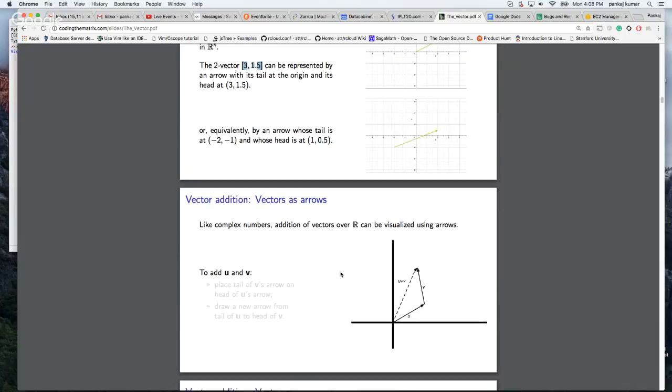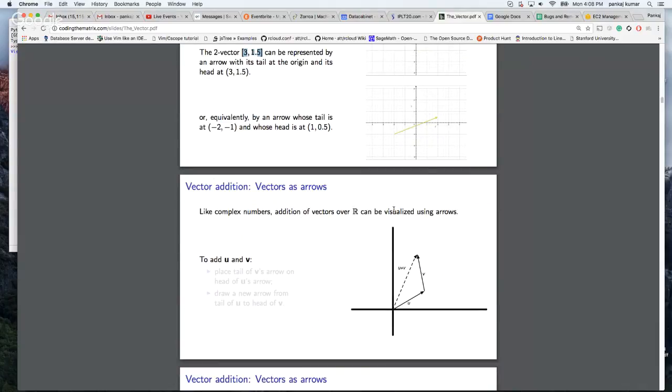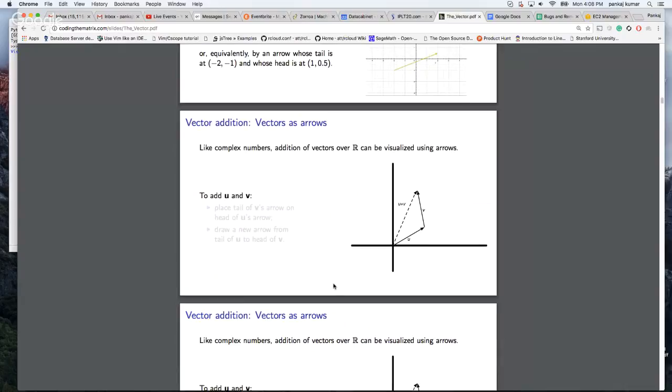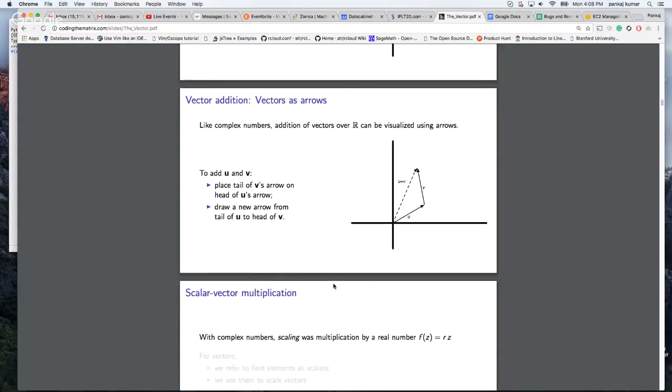And vectors have arrows, like complex numbers: addition of vectors over R using arrows. Tail of u to v. So addition of vectors can also be interpreted something like this.